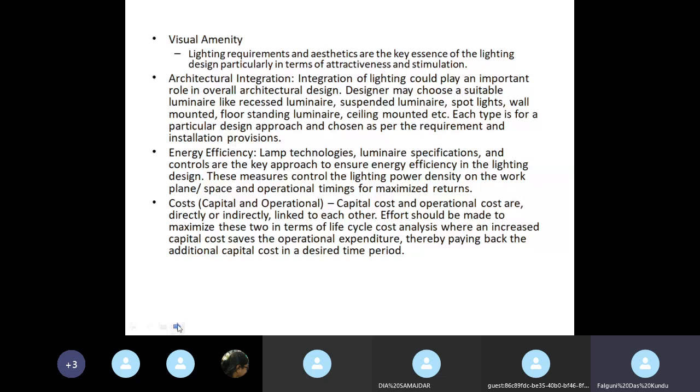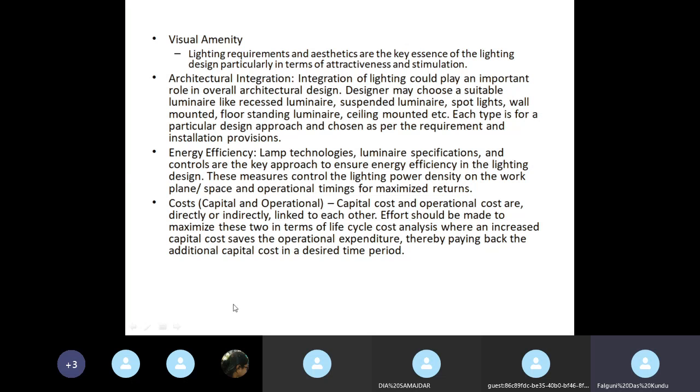So there are the different architectural options like the recessed luminaire, suspended luminaire, spotlights, wall-mounted luminaires, floor-standing luminaire, ceiling-mounted luminaire. Depending upon the requirement, we select the architectural integration.